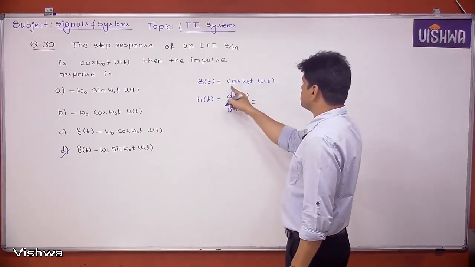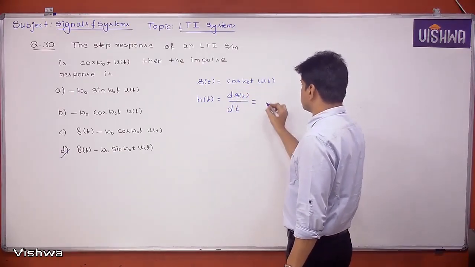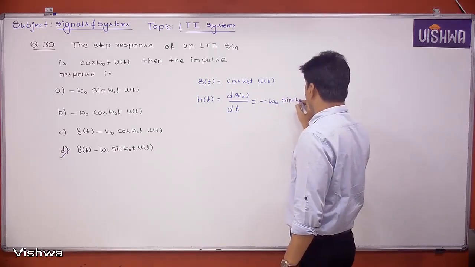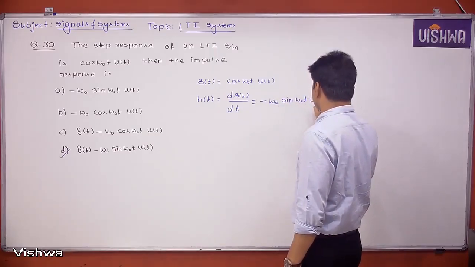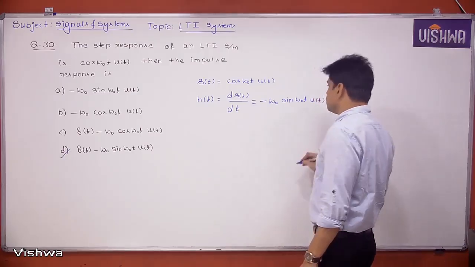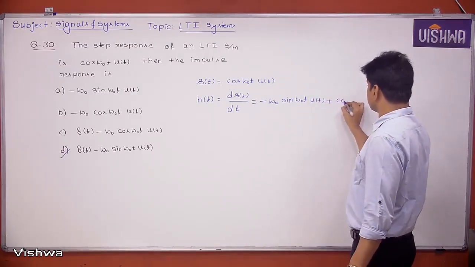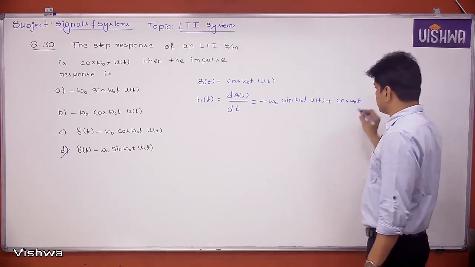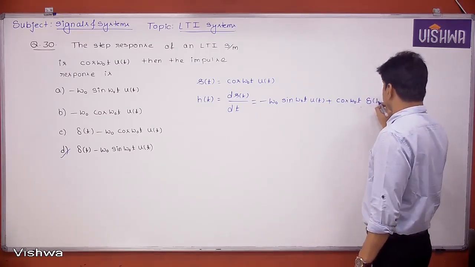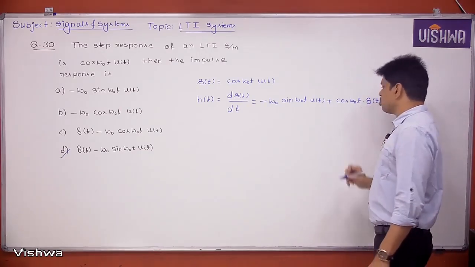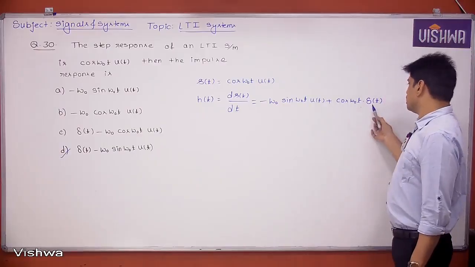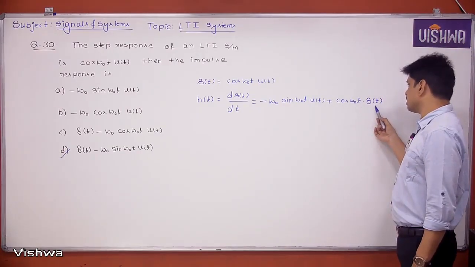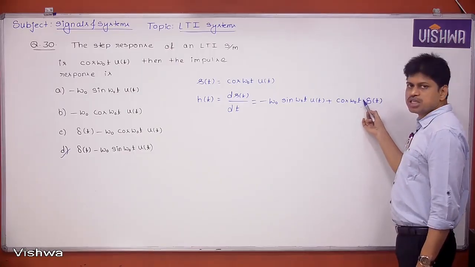First I am differentiating cos omega naught t, which is nothing but minus omega naught sin omega naught t u of t. Now I am differentiating u of t, which is nothing but delta t. We know from the product property of impulse function, if any function is multiplied with delta t, then t has to be replaced with 0.